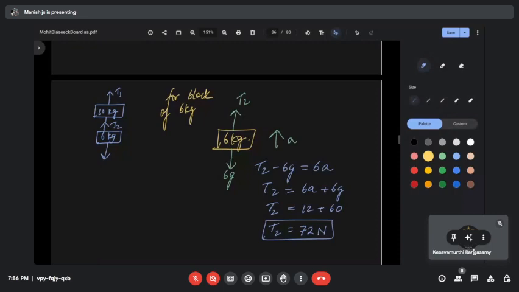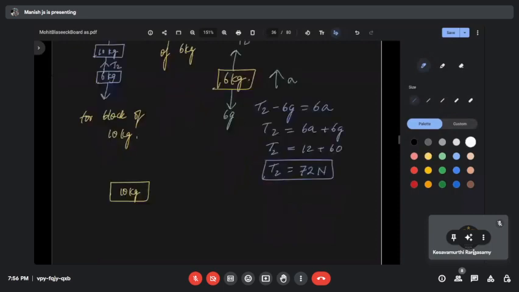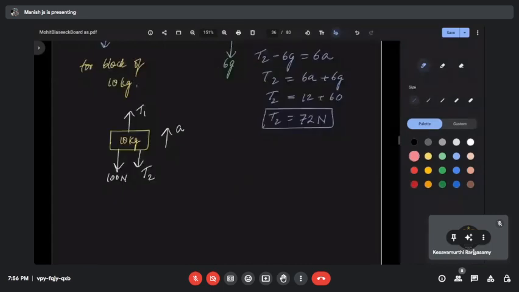One force is obviously the weight, 10 into 10, that is 100. There is T2 also, the rope below it. So T2 is also acting downward, while the acceleration is upward. These are the tension forces and the weight component. You have to show everything.